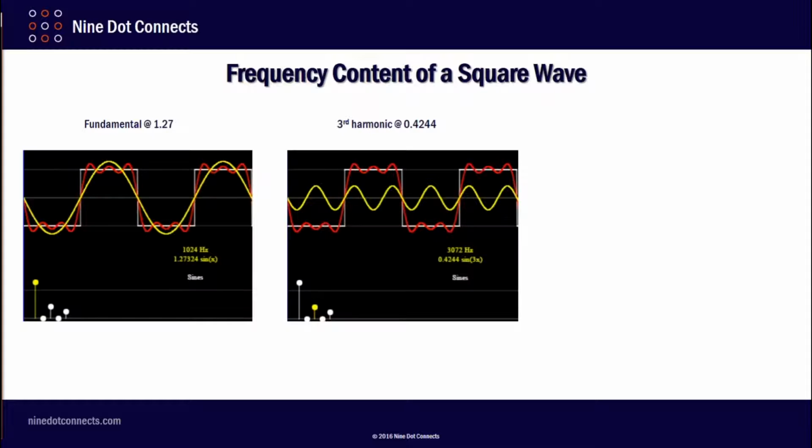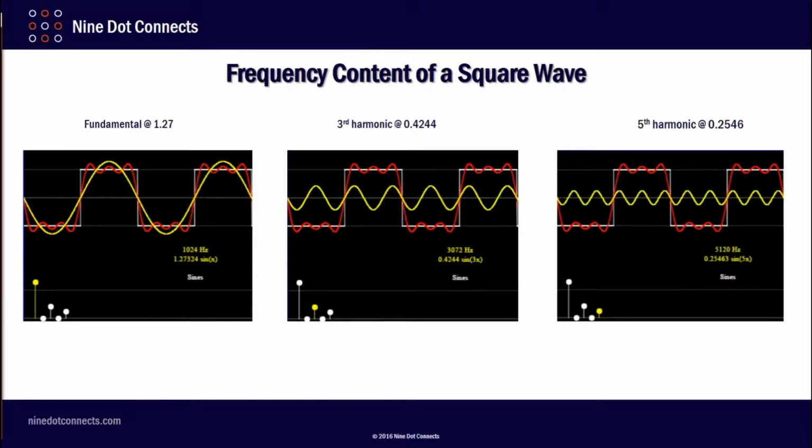The third harmonic is at 0.4244, and the fifth harmonic is at 0.2546. Now these are all the same weightings that the previous graph showed you. Notice you have not too bad a looking signal. A little bit more ripple because we're only looking at the third and the fifth harmonic.